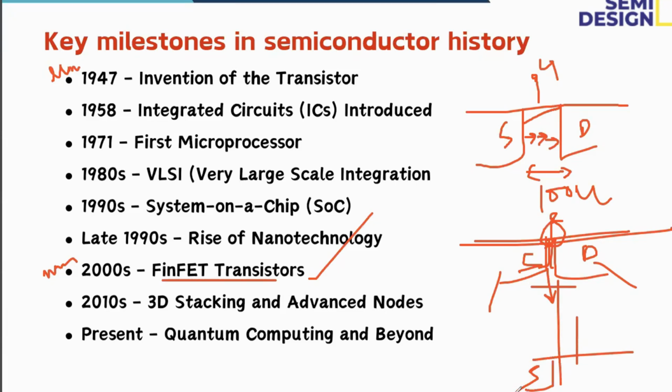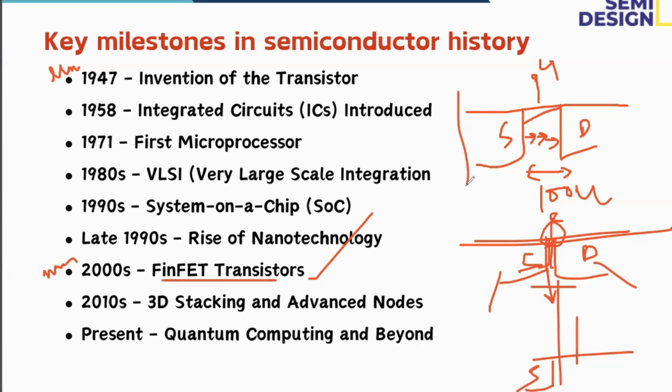FinFET also has limitations once it reaches 10 nanometer or 7 nanometer. Again the distance between source and drain is reducing, and again there will be the short circuit effect. From that, we are using GAFET technology, gate all around. By using GAFET, we can go up to 5 nanometer or 4 nanometer. Beyond that, again there will be short circuit effect.